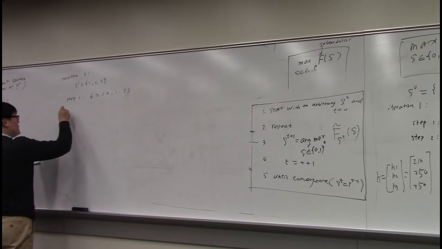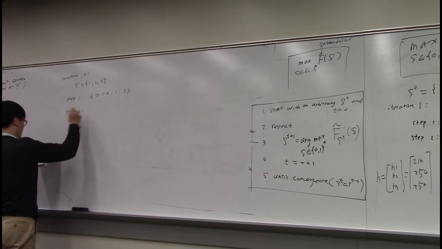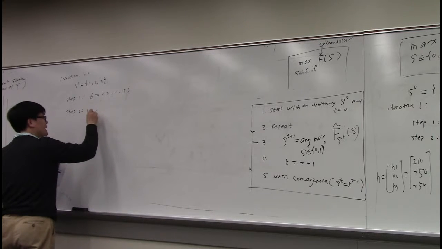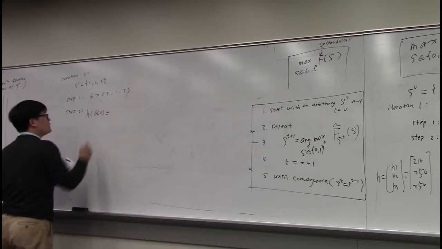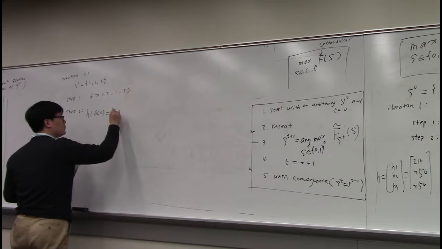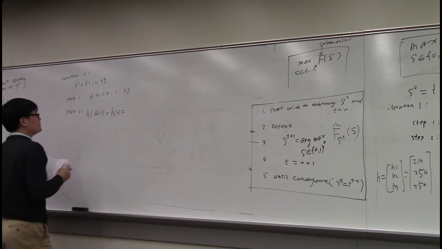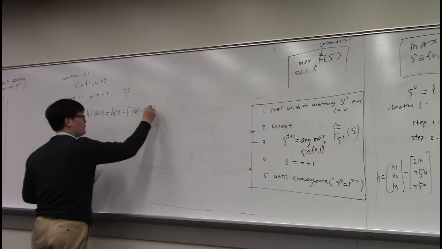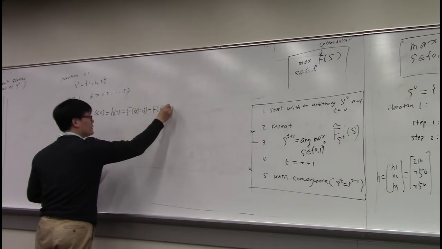And then step 2. H sigma 1. So sigma 1 is 2, right? So H2 equals F sigma 1 to 1 minus F sigma 1 to 0.